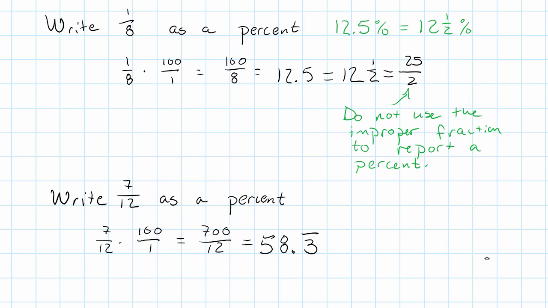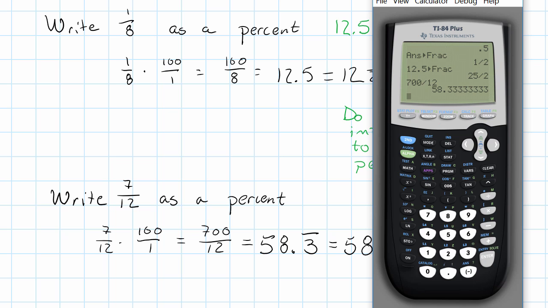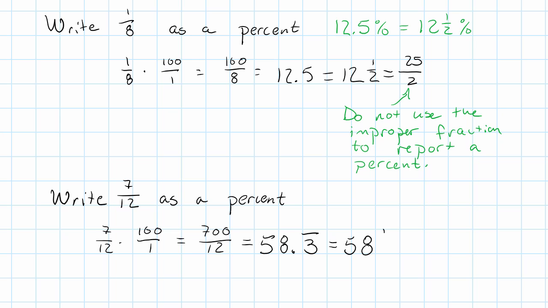Right, notice that 3 just repeats forever. We can report this with a repeating decimal, or we can convert it to a mixed number, 58 and 1/3, but not in general as just 58.33.